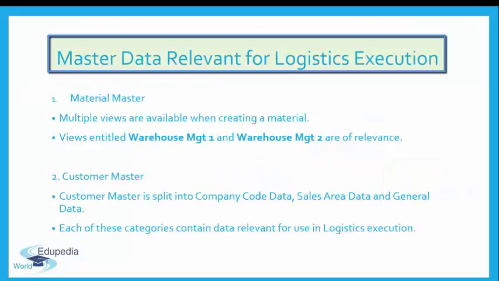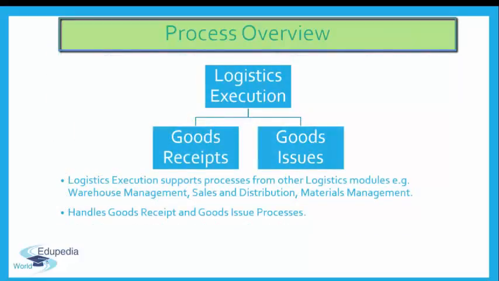We looked at logistics execution as a part of a larger suite of integrating components. And we also touched briefly on how logistics execution acts as a bridge between procurement and distribution. And we also looked at how it supports the processes of other key modules in logistics. So that was the basic structure of the first lesson.